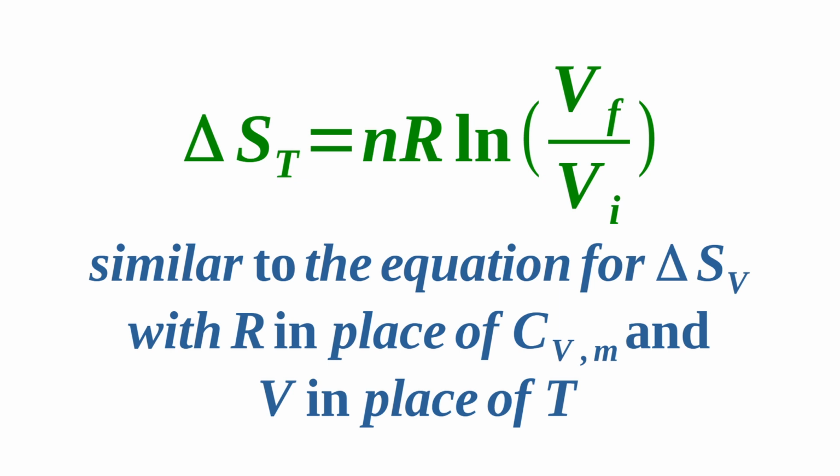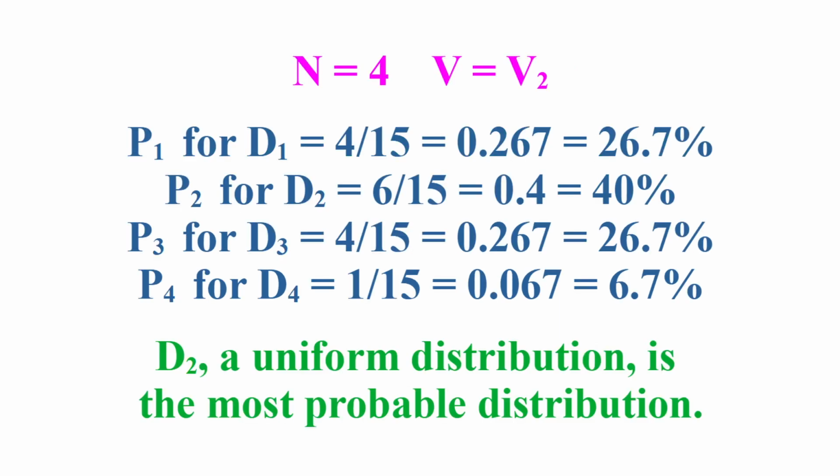This implies that S increases during expansion, as we saw above with the help of Boltzmann analysis. For compression, Vf is smaller than Vi and their ratio is less than 1. The corresponding logarithm is negative, implying that S decreases.